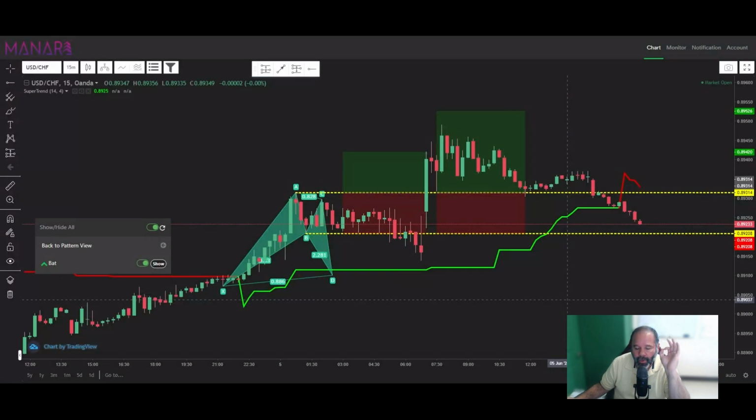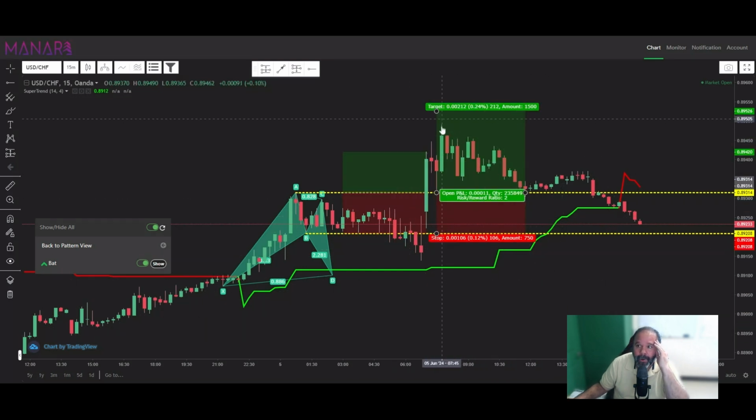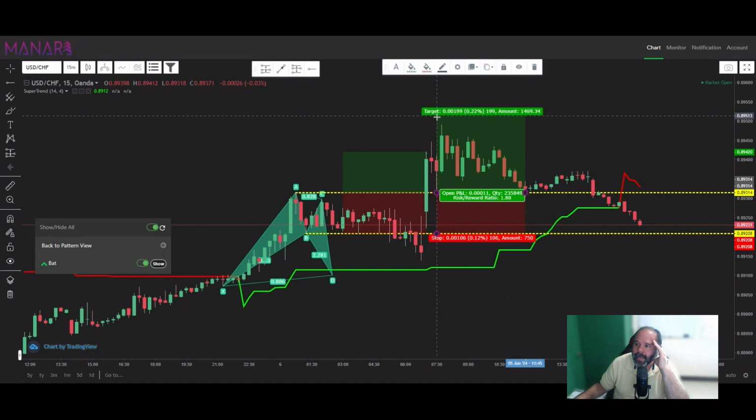Now, let me give you two scenarios for the risk management part. So every time price reaches 90% of my profit, like in this case, 90% will be 90 times 2, 1.8. So let me put a line here on 1.8.